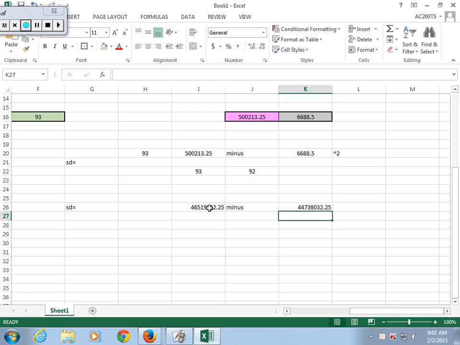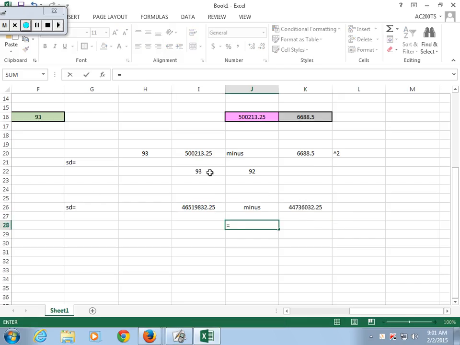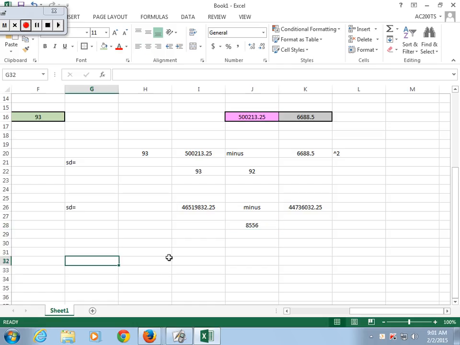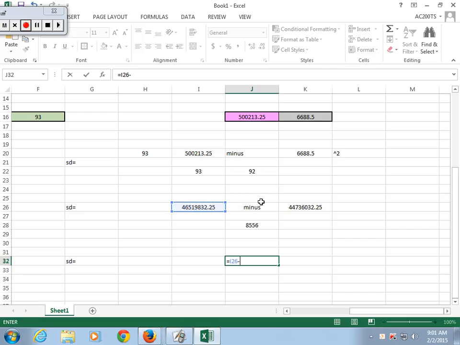If you want things to come out right, it's supposed to be smaller than this number. Over 93 times 92. Top number is 40, the BA number minus this number. And it should come out to be positive. And that's over this number.